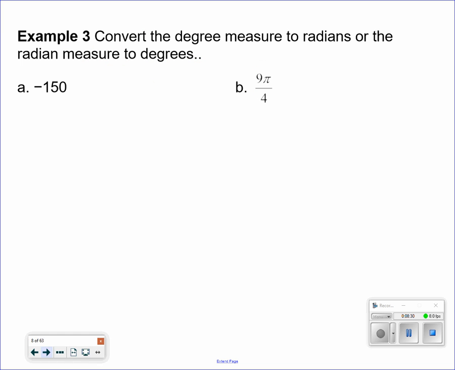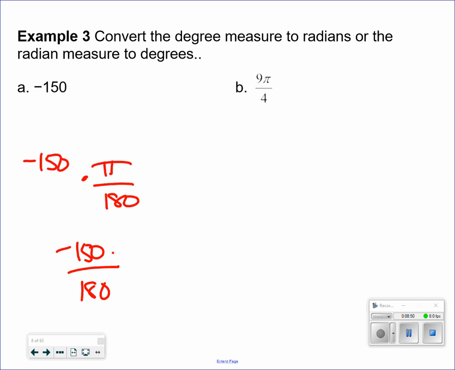So here we go. I want to convert negative 150 degrees into radians. So I'm going to multiply by pi over 180. Always remember that if you're going to radians, the pi goes on top. If you're going to degrees, the pi goes on the bottom. Now, multiply across. So I get negative 150 pi over 180, and reduce.